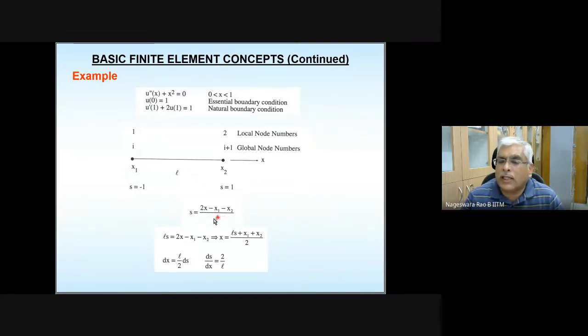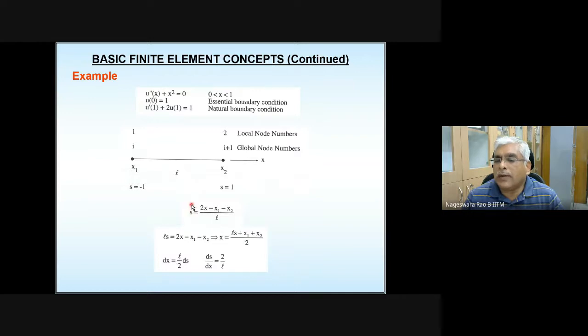Based on that, you can easily write this. Wherever y is there, you replace with s. Wherever y1 is there, you replace with minus 1. Wherever y2 is there, replace with 1. And then see whether you are getting this equation or not. What is the use of this equation? This equation gives us a relation between the local coordinate system and global coordinate system.